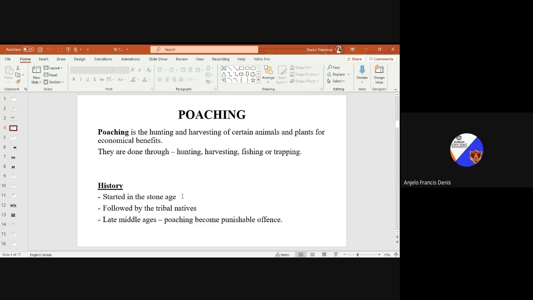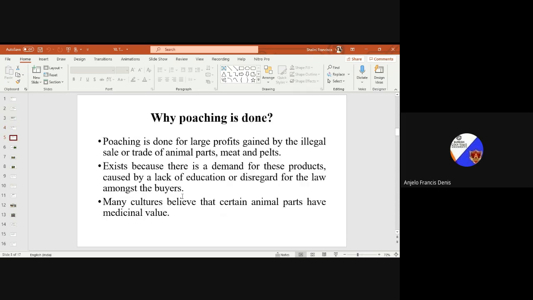In the late Middle Ages, poaching became a punishable offense in several countries. But still, it can be observed that poaching is currently ongoing on a mass scale for different crops and for different animals.